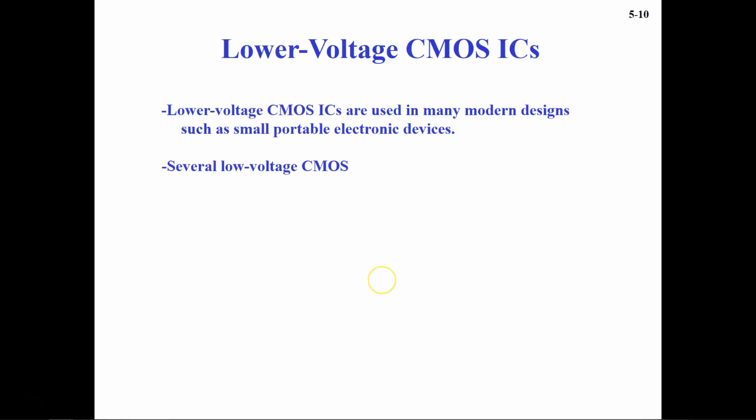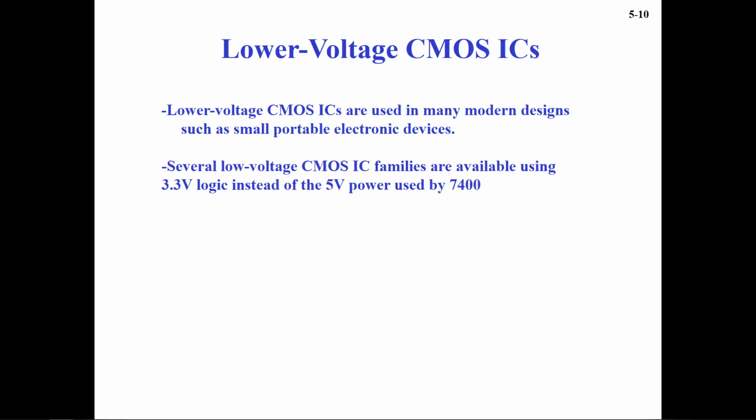Now we have low voltage CMOS ICs. Lower voltage CMOS ICs are used in many modern designs such as small portable electronic devices. Several low voltage CMOS IC families are available using 3.3 volts logic instead of the 5 volts power used by the 7400 series TTL or 74HC00 series CMOS ICs.